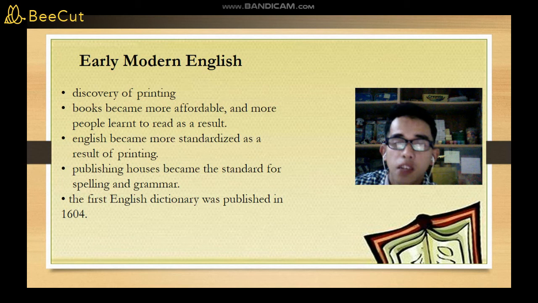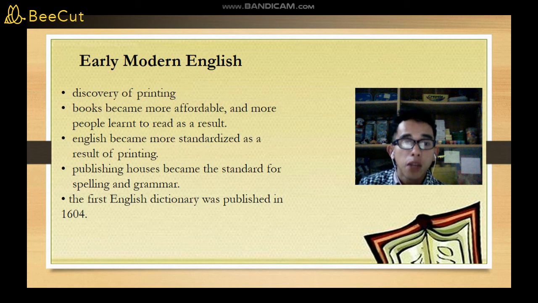Learning is given because they have the printer. They are now able to print documents and any written text which could be utilized by the people in order for them to learn to read, to write, and so on.